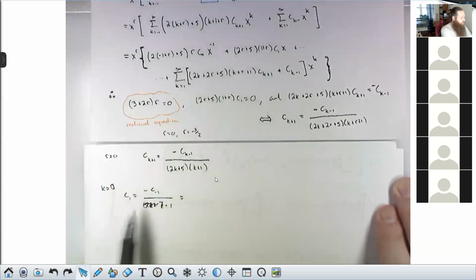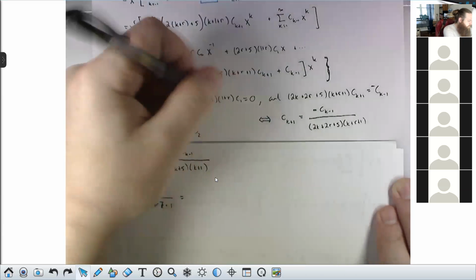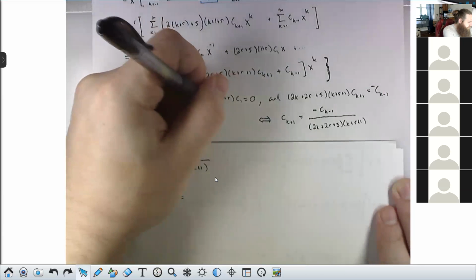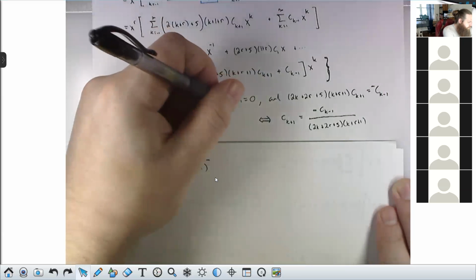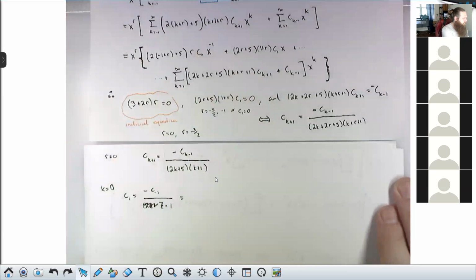But maybe this is a place where we could use this second initial equation we get, where here we would say, all right, well, I could take r to be negative 5 halves, negative 1, or c_1 equal to 0. So we could maybe say from this that c_1 should be 0.